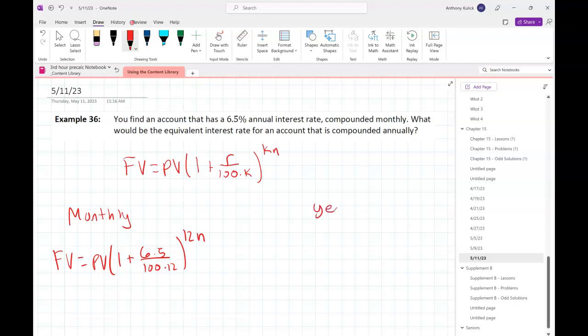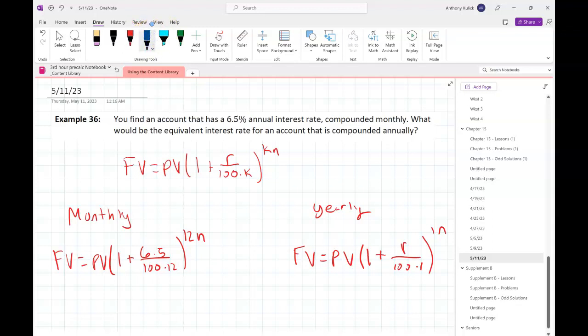And if it's yearly, that's the same as annually. If I fill in what I know, it's not much, right?